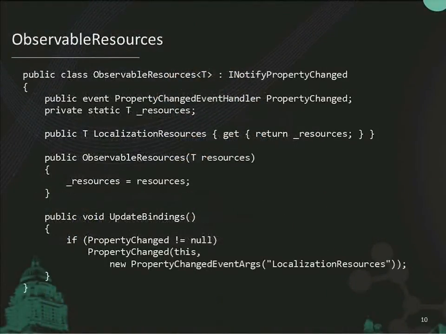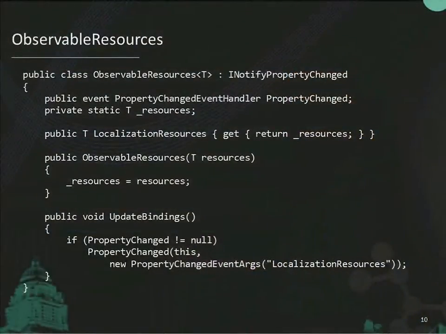But while we're at it, we're going to tackle a couple of other problems as well. One of the things you're going to see me use in this next demo is a little class I built called ObservableResources. One of the things that bugs me about localization in Silverlight is that it's hard to do on-the-fly localization. That is, while a page is displayed to the user, you could attempt to change the culture used to display the content by creating a new CultureInfo object and assigning it to the current thread.